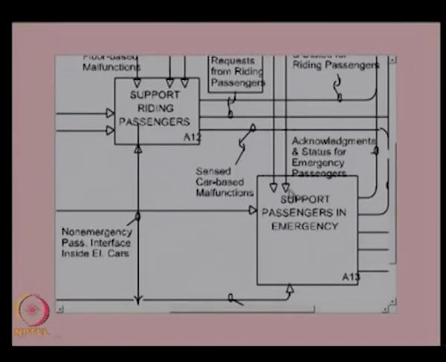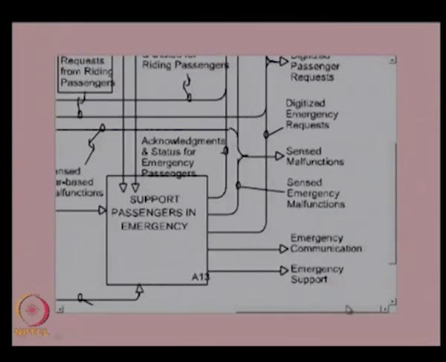Malfunctioning messages also come in. Based on this, the function will generate necessary control signals, emergency communication signals and emergency support, and the information will be passed to other functions also. These are the inputs and outputs of these functions.